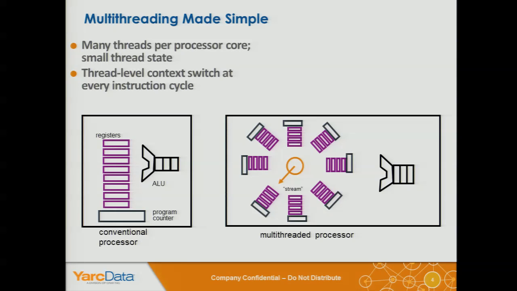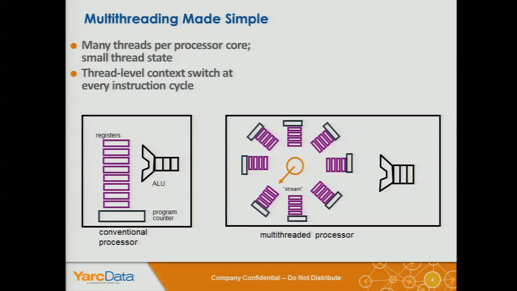For the multi-threaded processor, all of those register sets are duplicated many times, and each one of them is selected. It makes a complete context switch every clock tick.